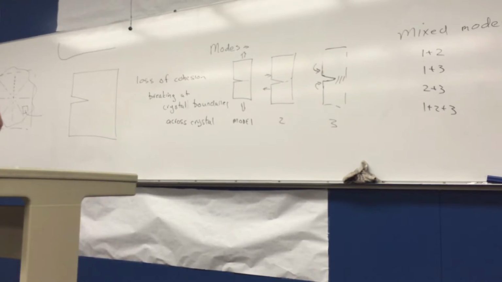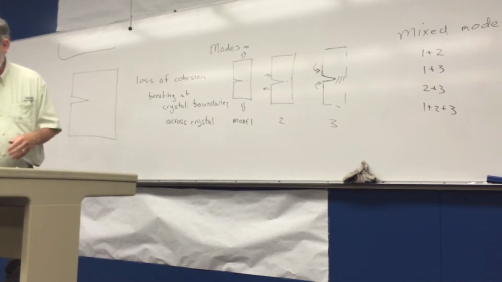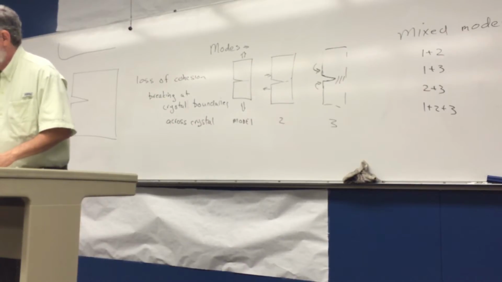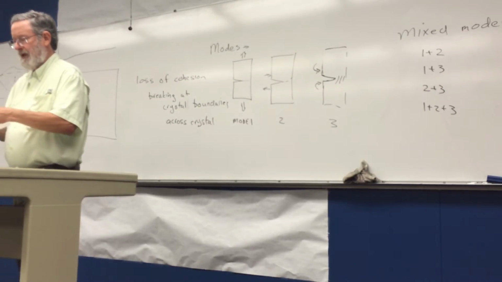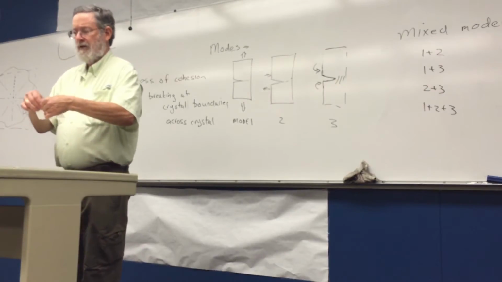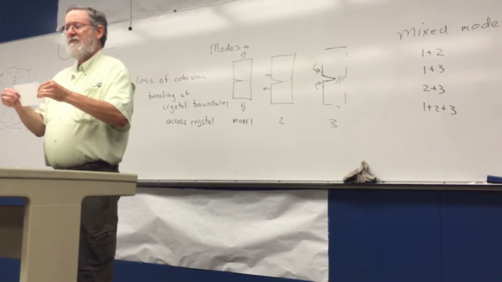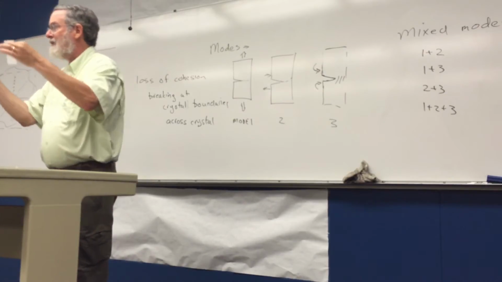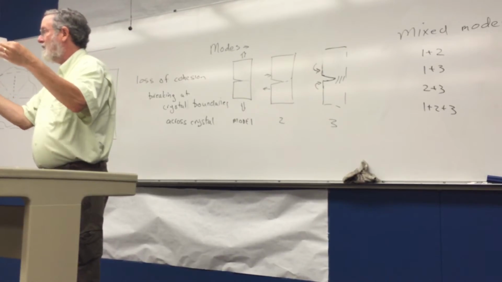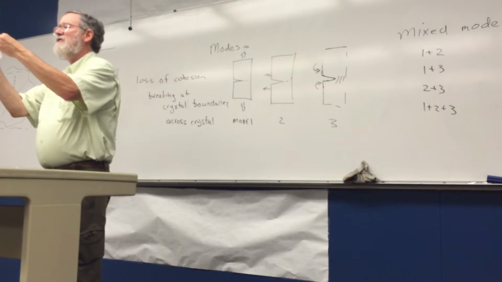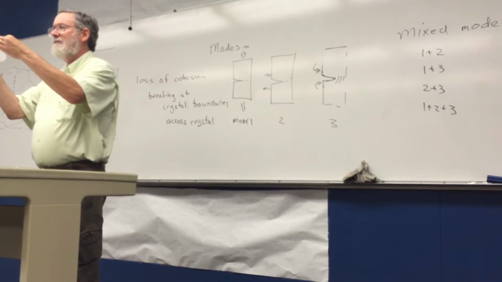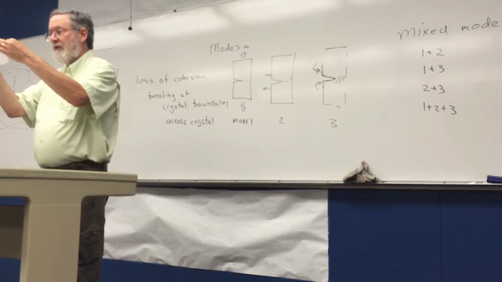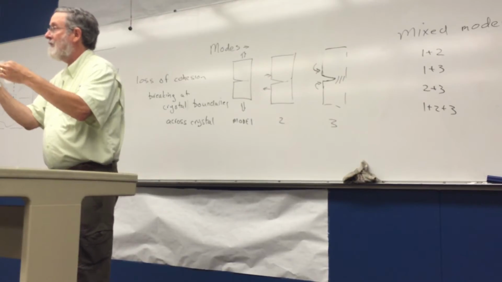So if we think about trying to propagate a flaw in a system, I'm going to make a flaw here, and I want to make this flaw propagate. I have to add energy into that system. The ability to propagate that flaw will depend on the strength of the material, on the type of material.